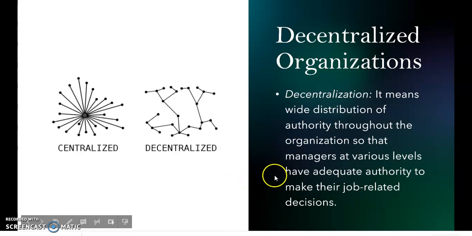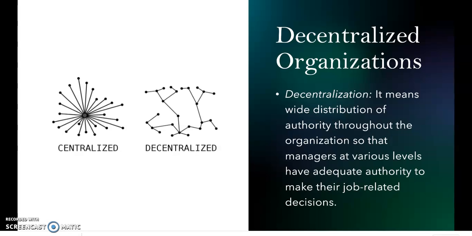Now, let's understand the last type of organization, that is decentralized organization. But what does the word decentralization mean? According to Lewis Allen, decentralization refers to the systematic effort to delegate to the lowest level all authority, except that which can be exercised at central points.